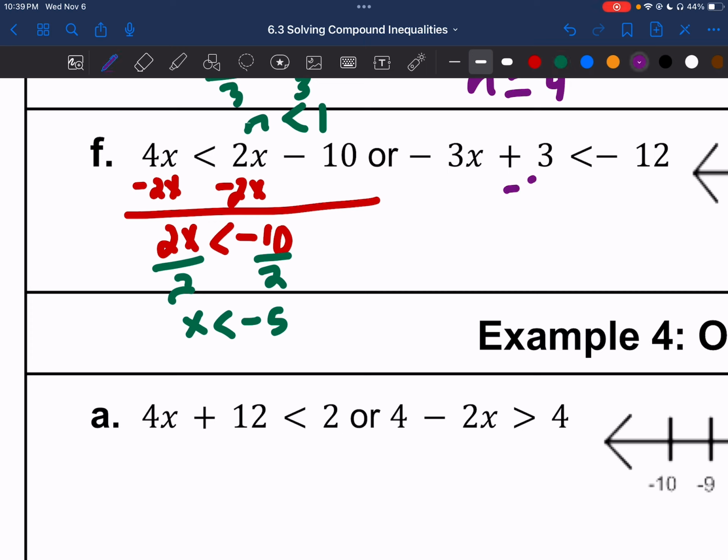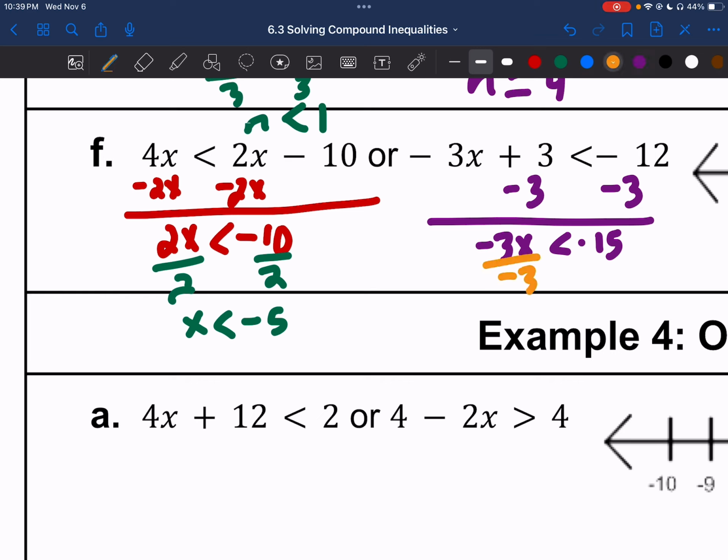Our second inequality, we're going to subtract 3 from both sides. We have negative 3x is less than negative 15. And then we are going to divide both sides by negative 3. And we get x is greater than 5.